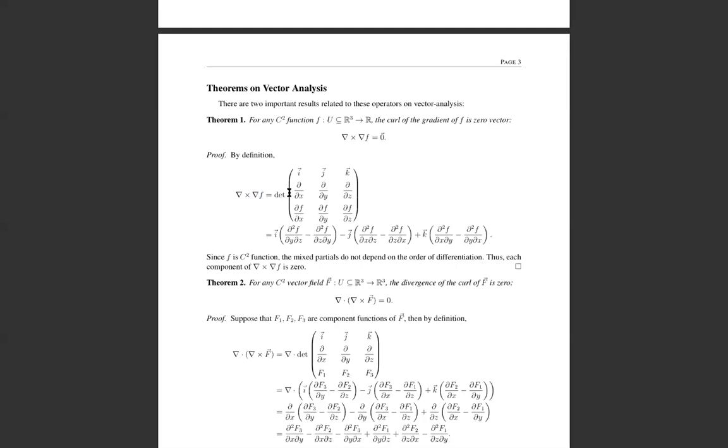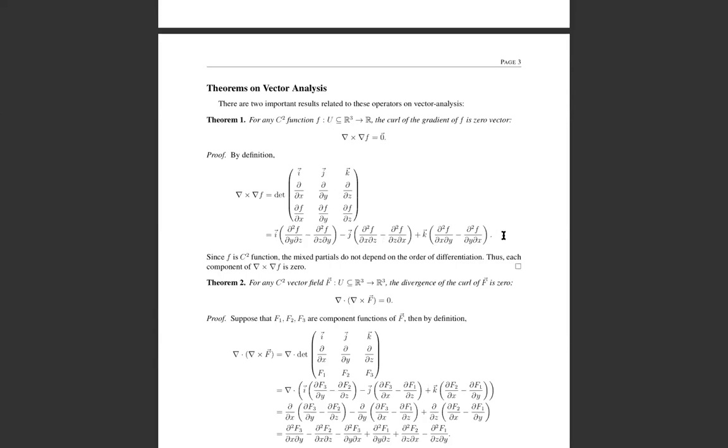When you evaluate the determinant, for i it is the determinant of this 2 by 2, so partial y applied to partial f of partial z. This becomes partial f of partial y partial z, minus partial z applied to partial f of partial y, which is here.